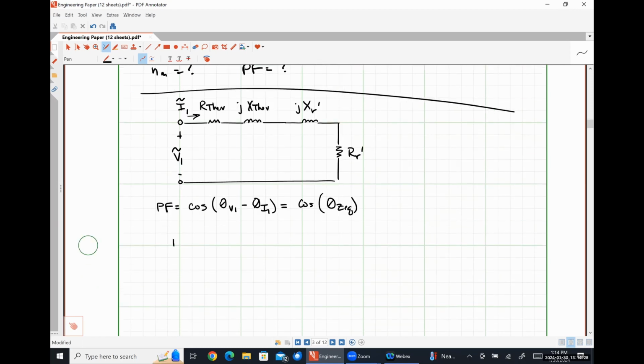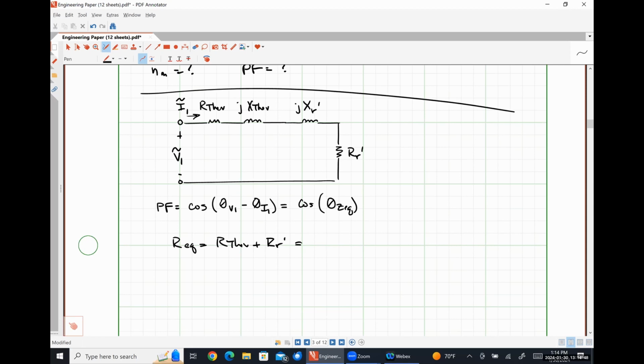So our equivalent resistance in this particular circuit is just RThev plus RR prime. I'm just doing the resistance, then the reactance, and then we're going to put those together.